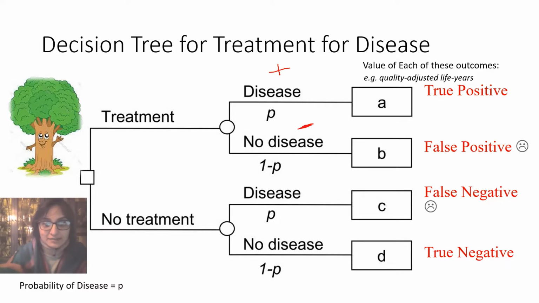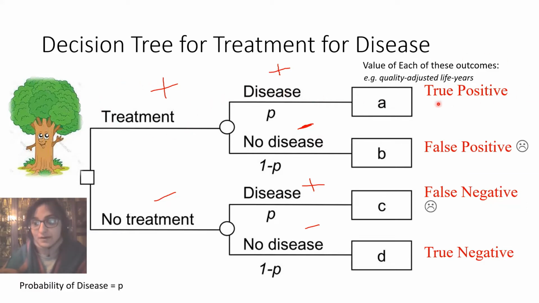So if we're going for treatment, we're predicting that we have the disease, that we're positive. But if we choose not to go for treatment, then we are predicting negative. So a true positive is we are predicting that we should go for treatment because we have the disease.